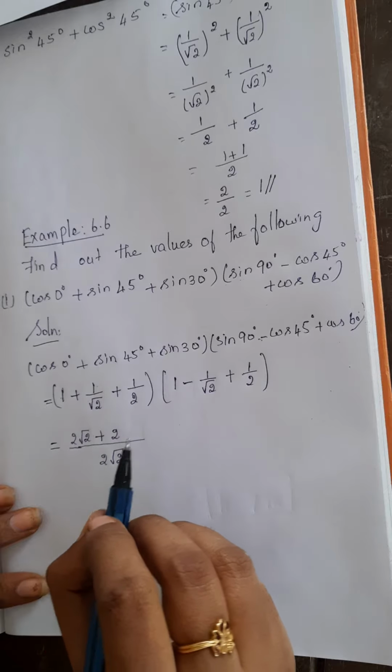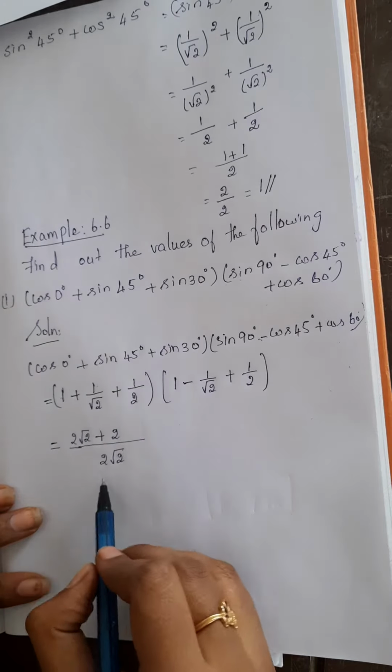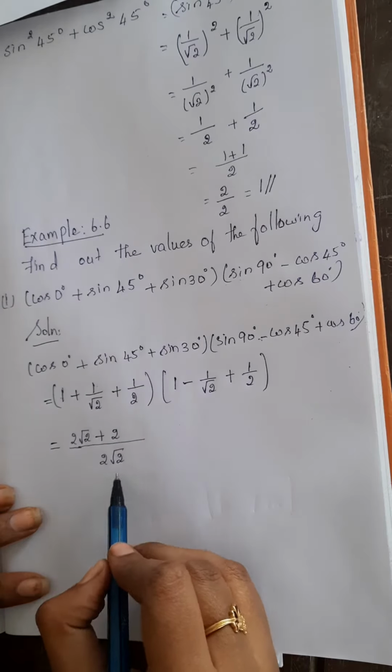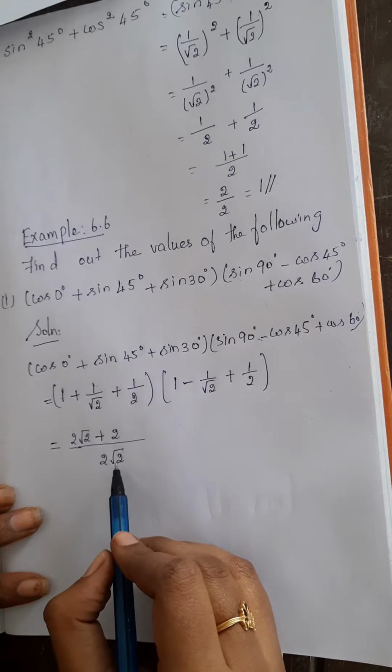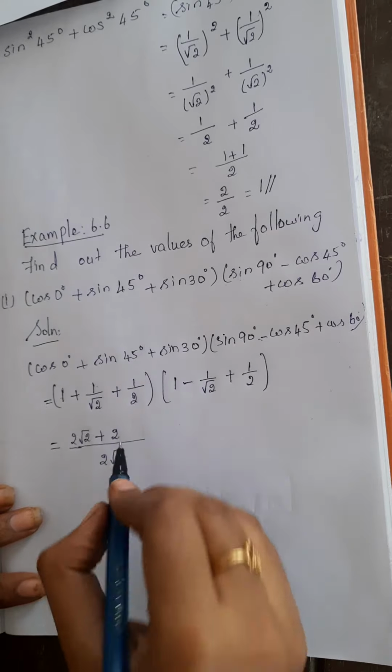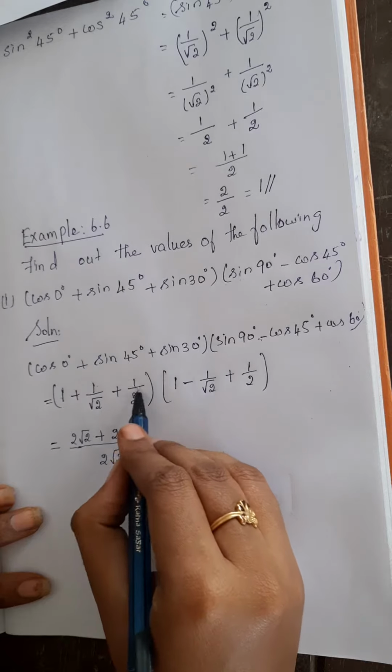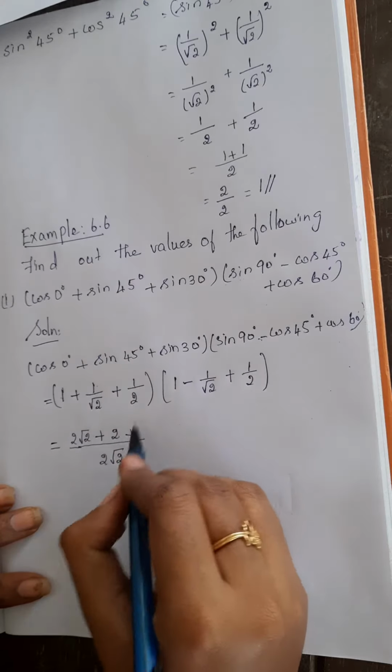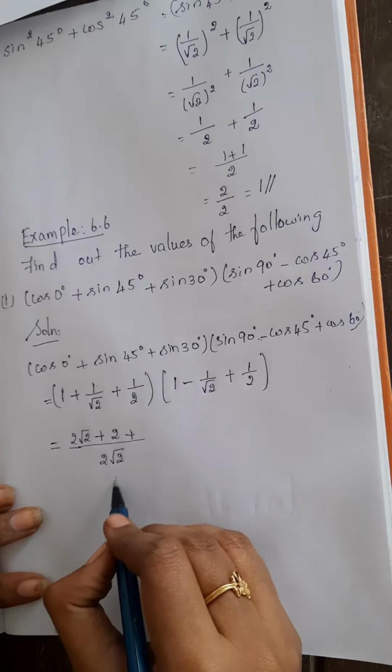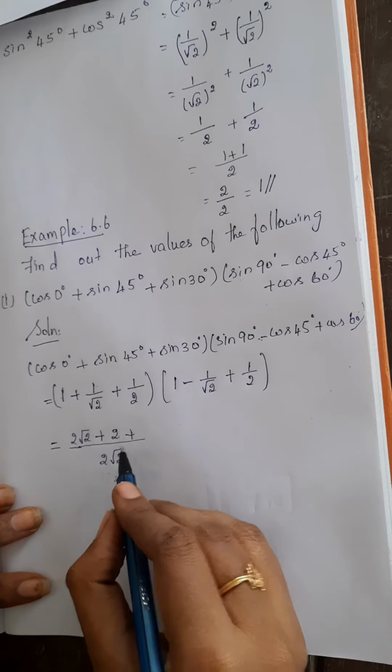How can you get 2? Root 2 divided by 2 root 2. Root 2 and root 2 will be cancelled. Only 2 remains. Plus, what will be this value? Divide by 2. Cancel the 2 and 2. What will you get? Root 2.